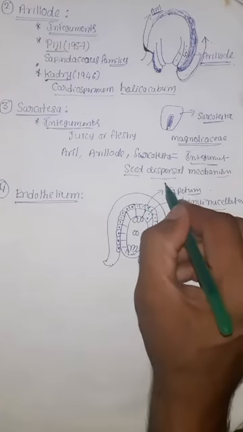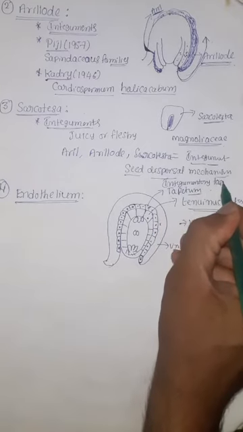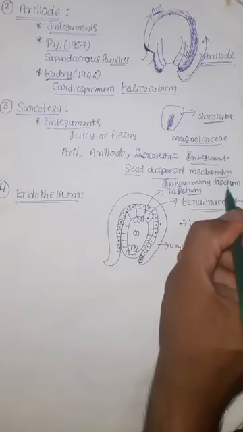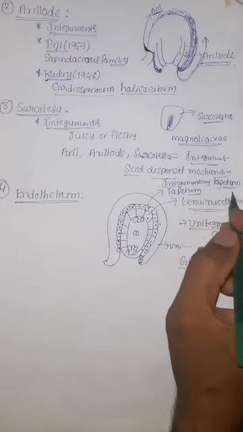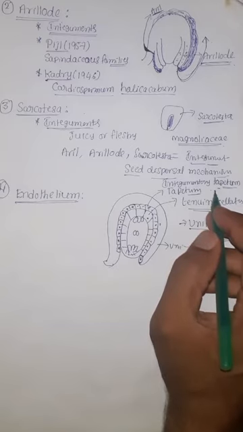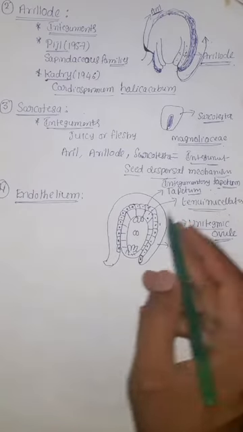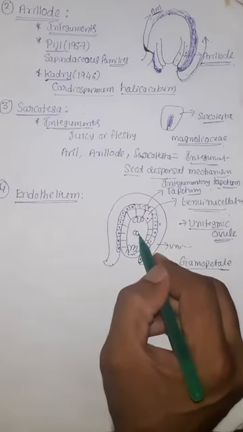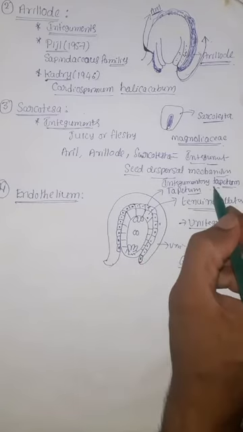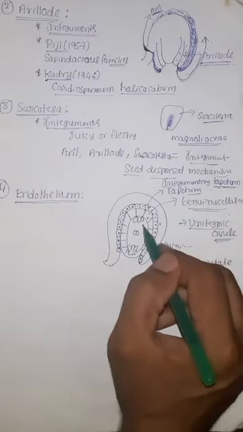That's why it is also called integumentary tapetum. What is the function of tapetum? Nutrition. In the anther wall also it provides nutrition for the developing pollen grains. Here the structure is the embryo sac, so the integumentary tapetum is useful for the nourishment of the embryo sac.